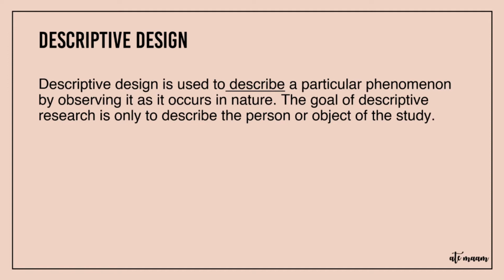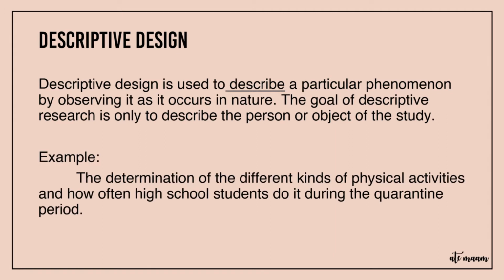Descriptive design is used to describe a particular phenomenon by observing as it occurs in nature. The goal of descriptive design or descriptive research is to describe or only describe the object of the study. Example, the determination of the different kinds of physical activities and how often high school students do it during quarantine period.